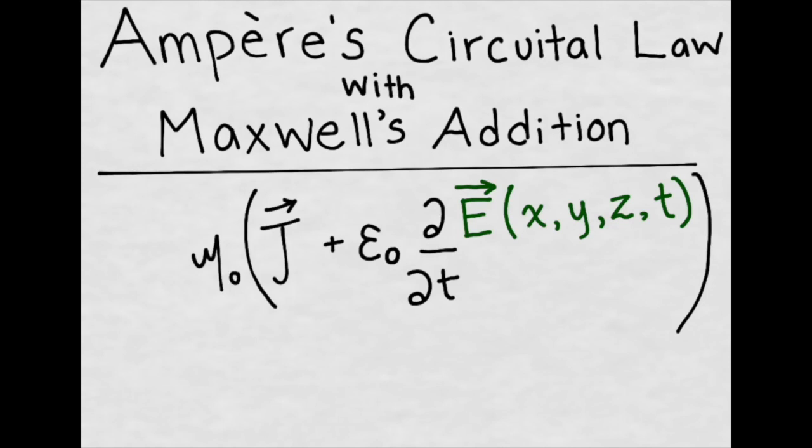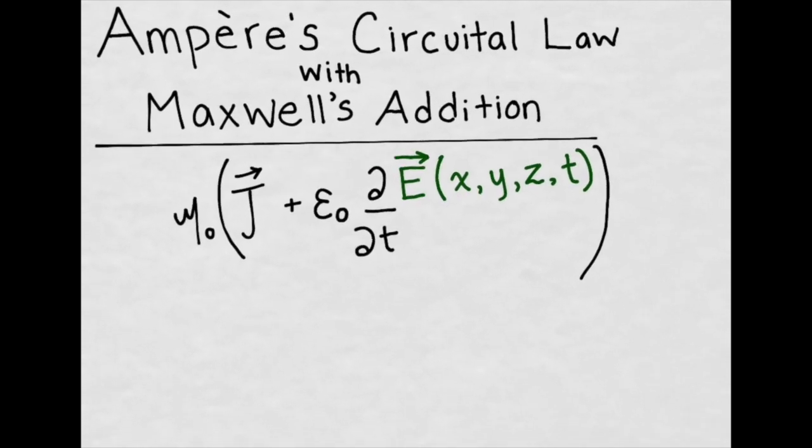Mu naught is the permeability of free space. It's a constant. And the remaining step is to relate this quantity to the magnetic field. So let's do that.